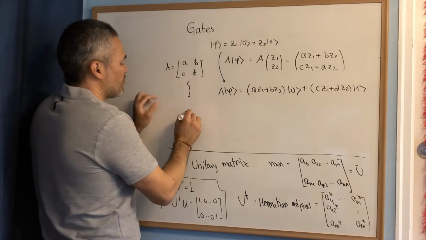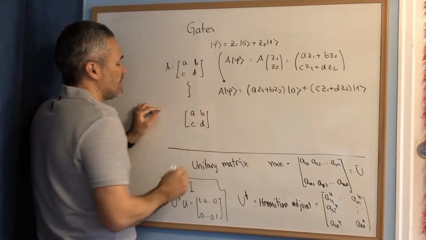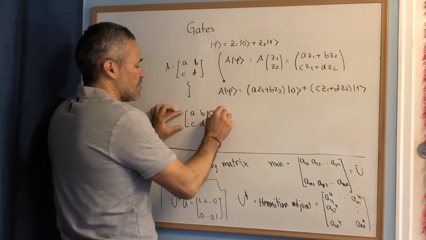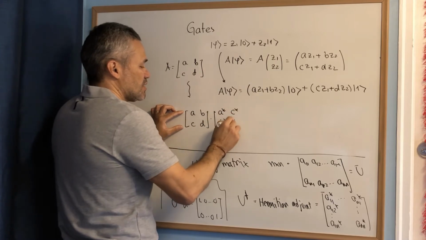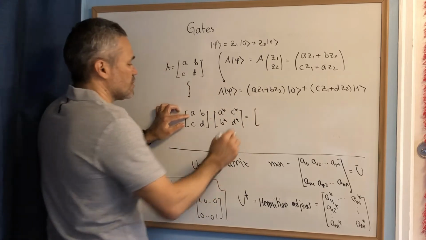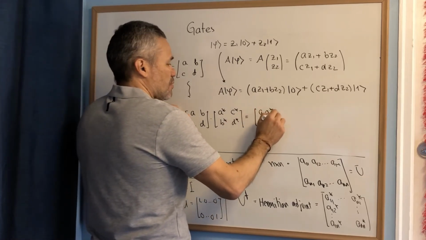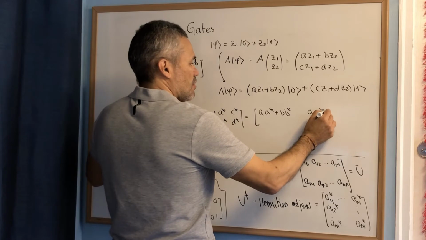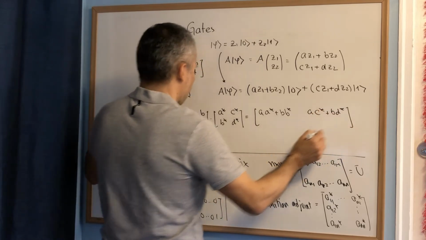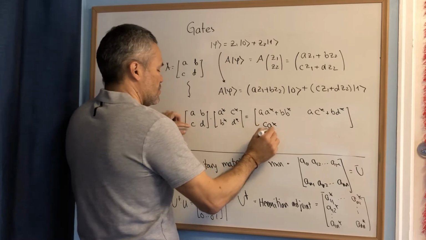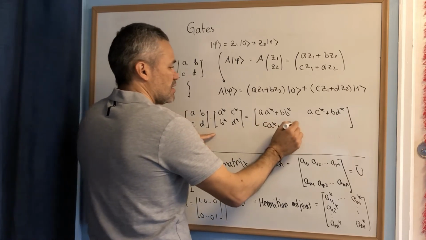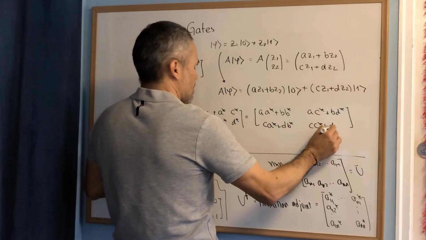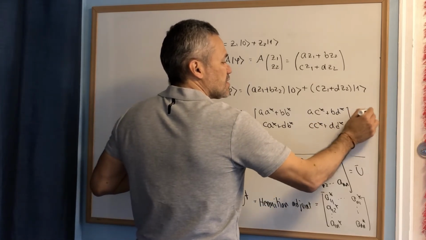Let me just redo this for this example, A, B, C, D. If it is a unitary matrix, it means that the product with its Hermitian adjoint, which is A conjugate, B conjugate, C conjugate, D conjugate, is equal to: A times A conjugate plus B times B conjugate here, A times C conjugate plus B times D conjugate here, C times A conjugate plus D times B conjugate here, and the last entry here is C times C conjugate plus D times D conjugate. We want this to be the matrix 1, 0, 0, 1.